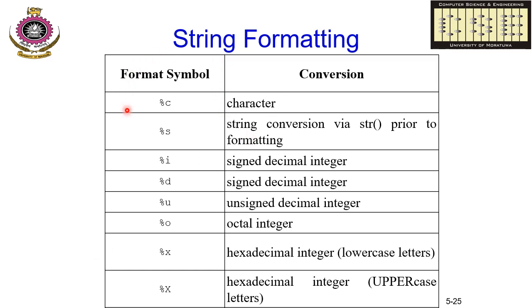We are moving on to another important aspect about strings in Python: formatting strings. Generally, when you output strings, or when you display output, you would need to properly format the strings.